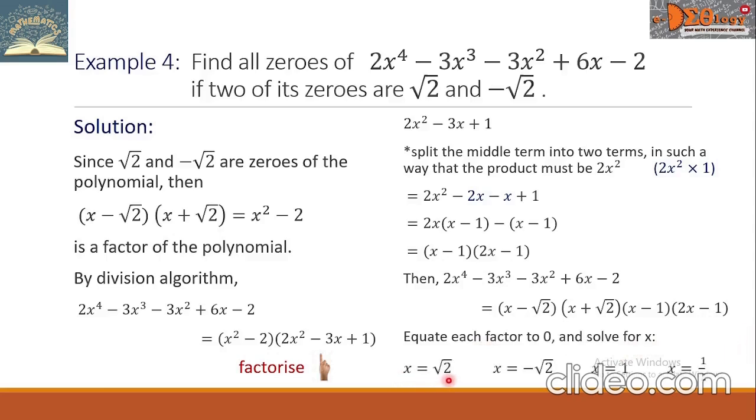This x equals square root of 2 coming from this. The x equals negative square root of 2 coming from this. Actually, these are the given here. Now, for x - 1, it becomes x equals 1. The x equals 1/2 comes from 2x - 1. These are the zeros of the polynomial.